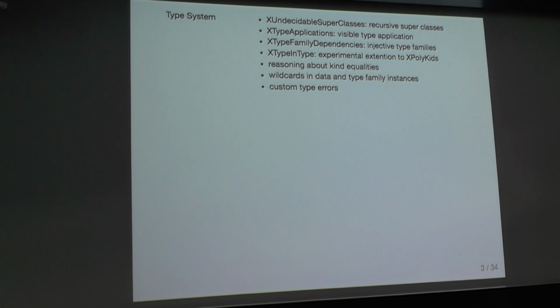There's support to reason about kind equalities. You have wildcards in data and type family instances. Basically all the things you need to do functional programming on the type level itself, right? That's what dependent types is all about, at least in my limited understanding, I have to say.